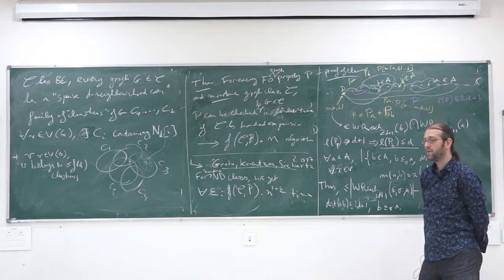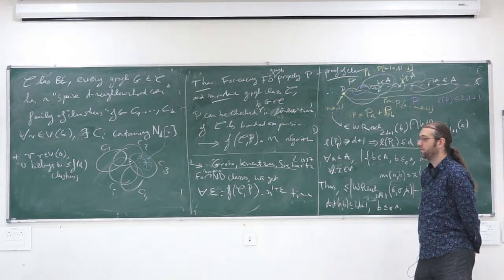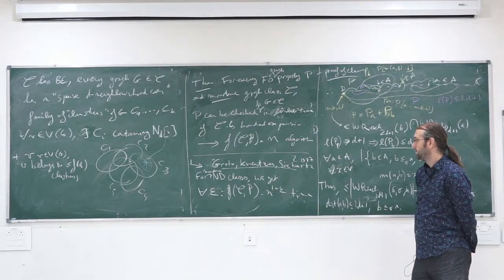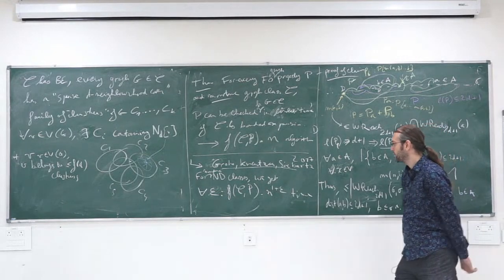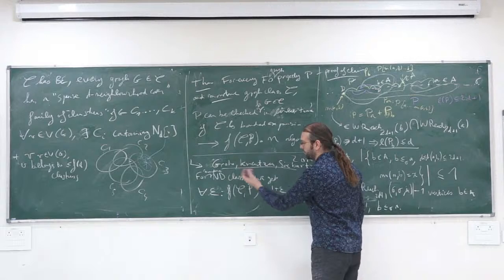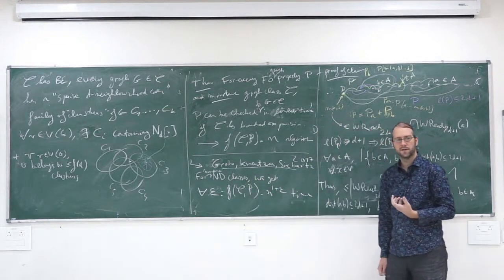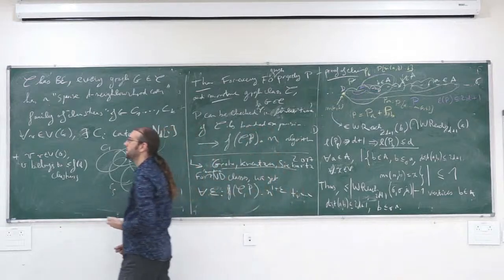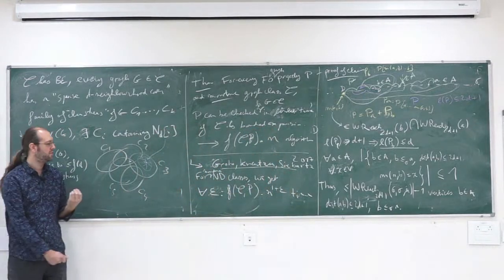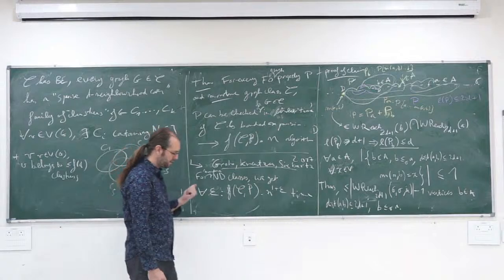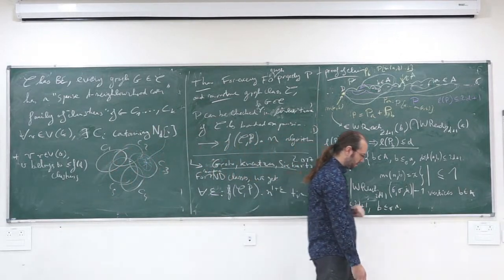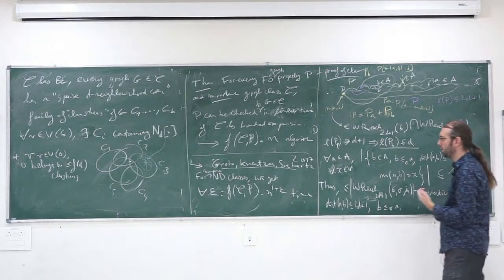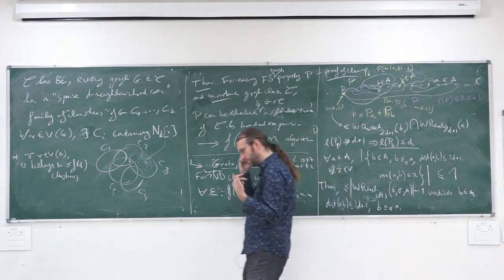And now there is ongoing work to generalize this to any class, and especially hereditary graph classes. Hereditary classes are less permissive, or more permissive, I mean, you don't necessarily allow being stable by removing edges.